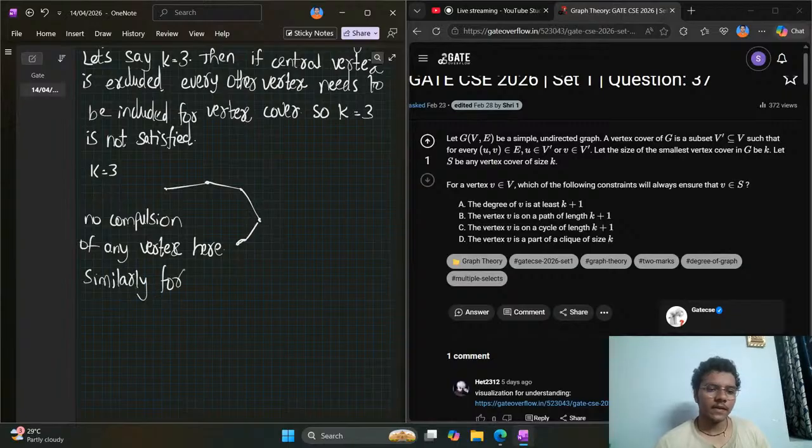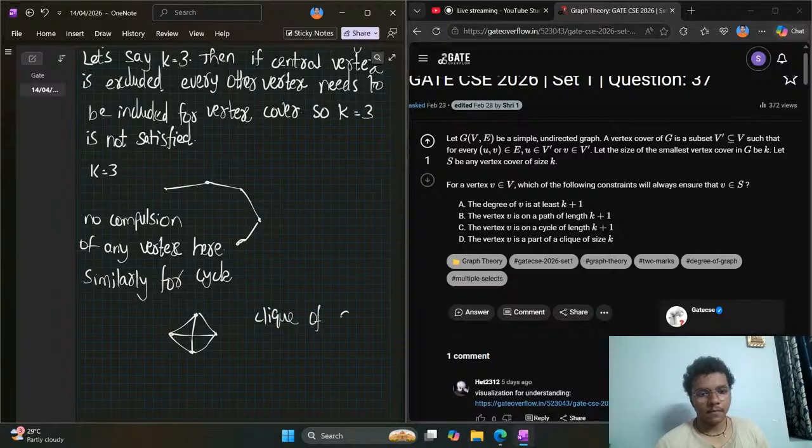Similarly, for a cycle, clique of size 4, k is equal to 4, no compulsion.